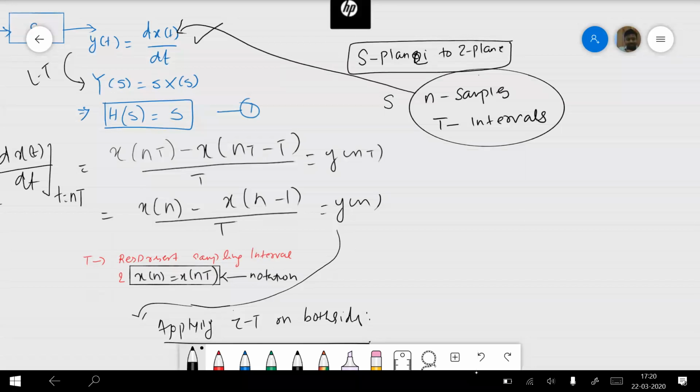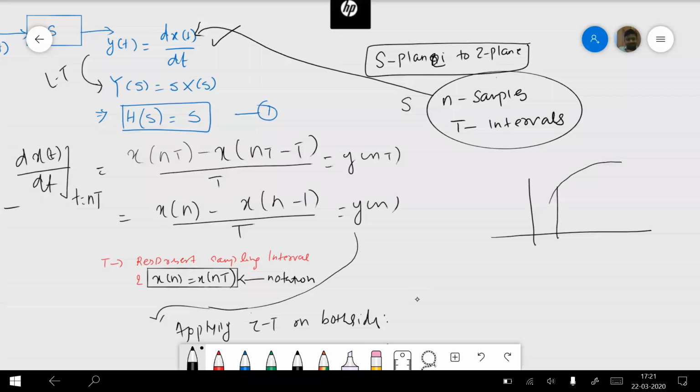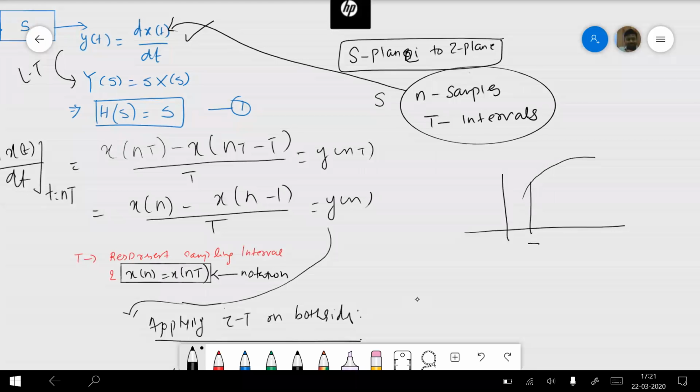If you remember, when you start your first method of understanding derivative, how are you doing it? Suppose this is point t, and this is point t plus 1.